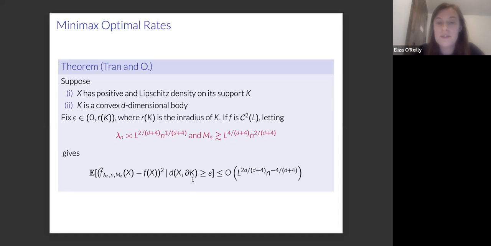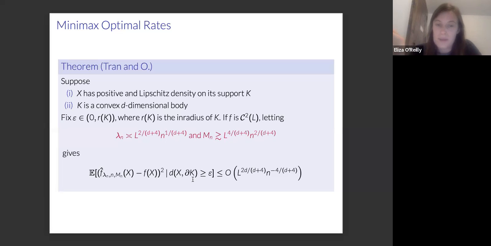To obtain this rate, we do need to condition that the input is a little bit away from the boundary to avoid edge effects. You can still get a rate without this conditioning, it's just not the minimax optimal one. But if you condition on the input being away from the boundary, you obtain this improved rate, which is the minimax optimal rate for C2 functions, and is only obtained if you have enough trees in your forest.